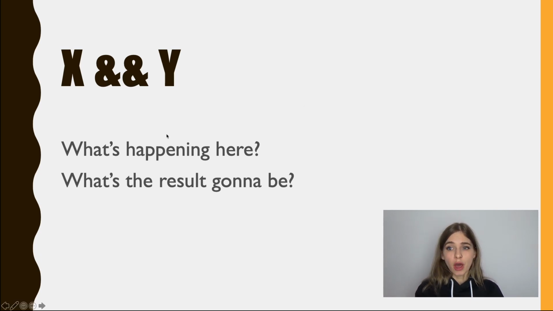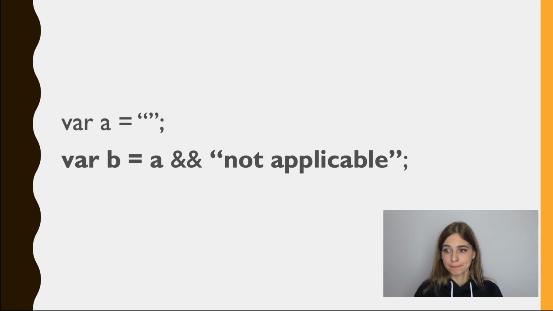If we have an AND instead of OR, this is our logical AND operator, X and Y. So what's happening here and what's the result going to be? If we've got a variable a as an empty string, and then we want to do variable b either, and then it's an or, but the logical operator and not applicable.